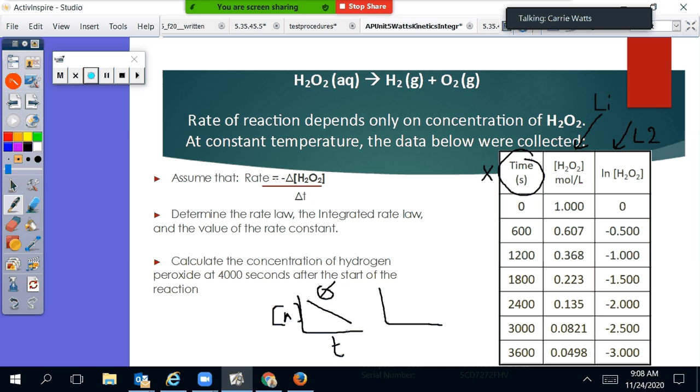If it's a straight line with the natural log of A over T, then it's first order. They didn't give you data for the other one, so it's got to be one of the two. Remember when you do a linear regression, the R squared has to be as close to 1 as possible. Does everybody know how to do a linear regression in your calculator?